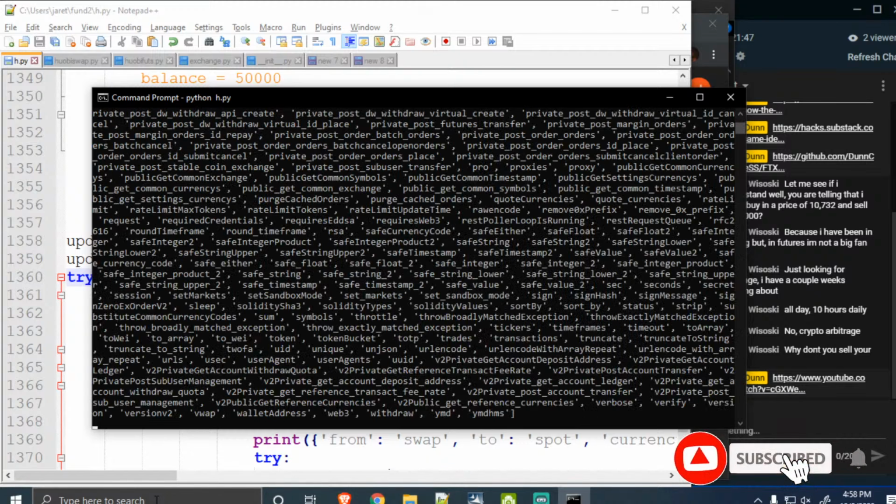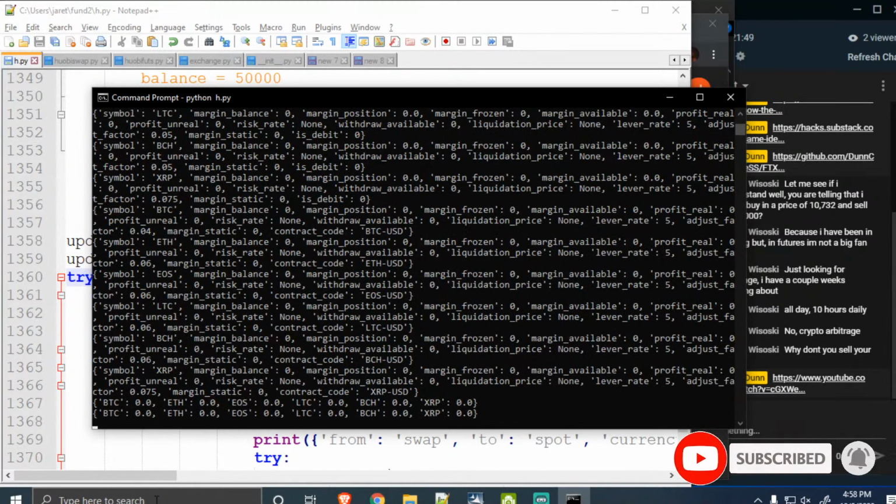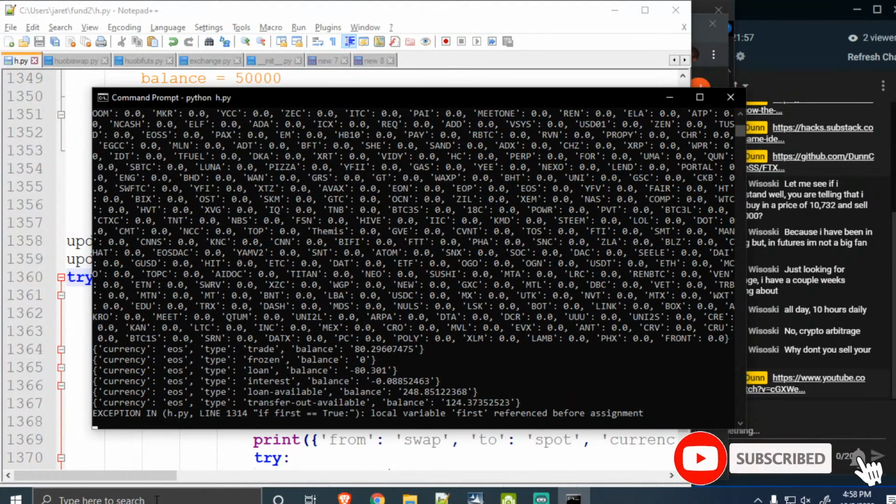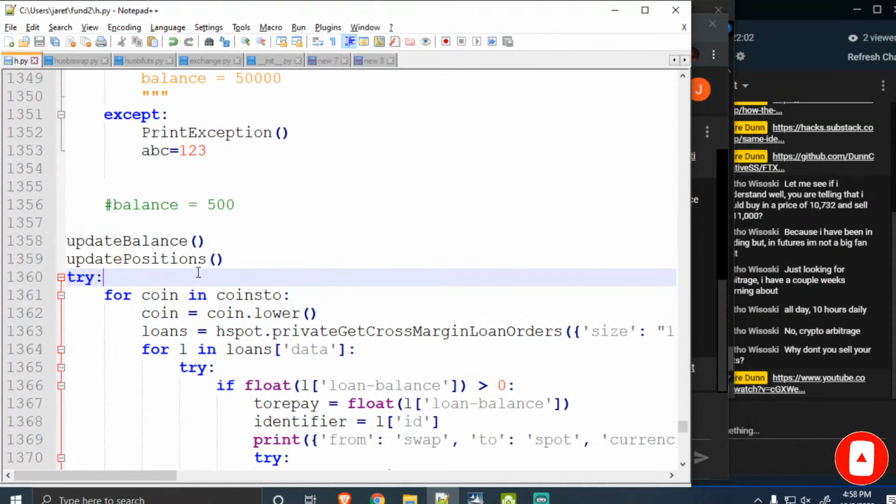There's my CCXT object that I've extended a bunch of times. So we have no balance in our swap or futures, which is what we set. Oh, there's an exception: first is reference before assignment. First. Stop typing 0.